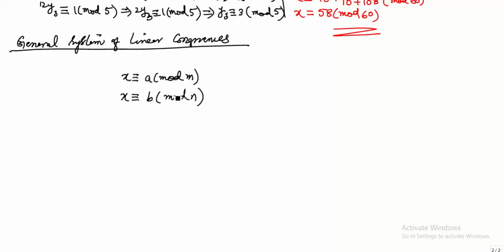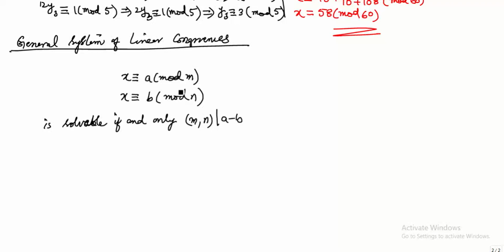According to the result, this linear system is solvable if and only if GCD of m and n divides a minus b.